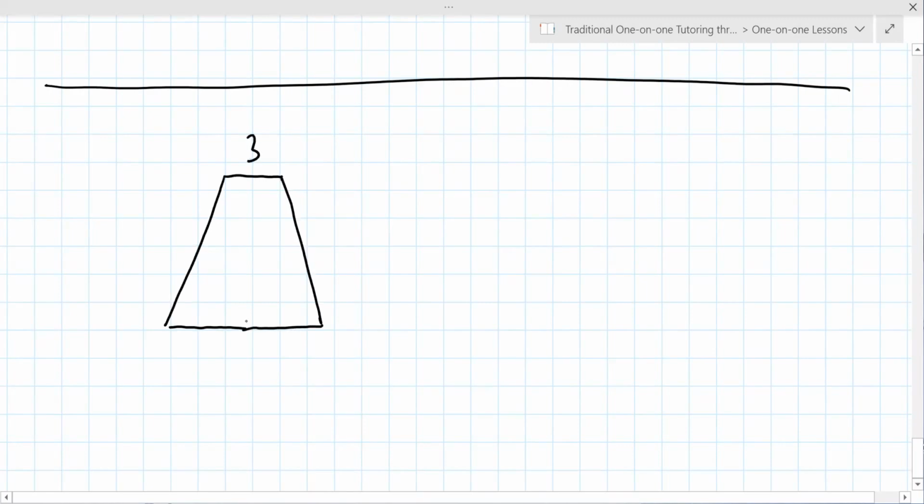Oh, so that's definitely a trapezoid because it has only one pair of parallel sides. Okay, yes, this is a trapezoid.